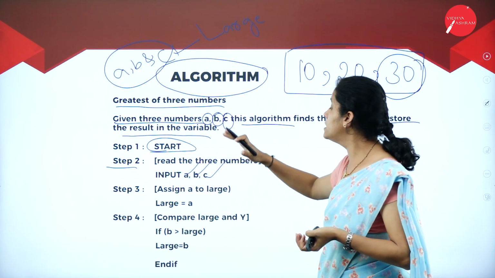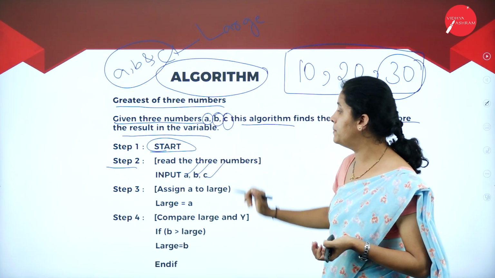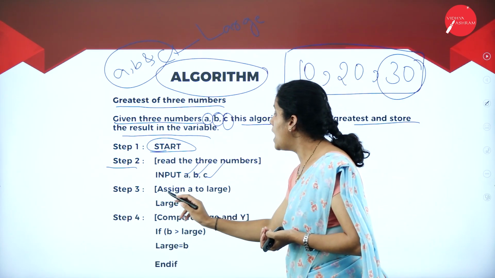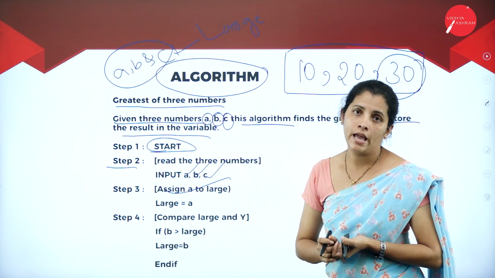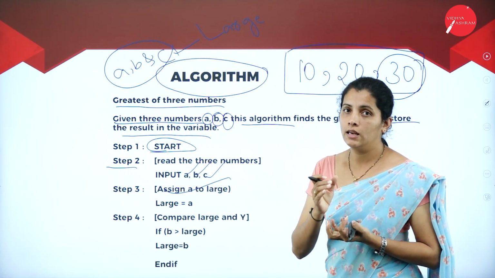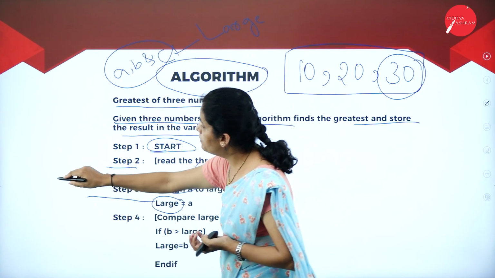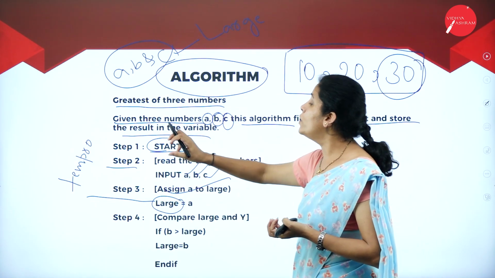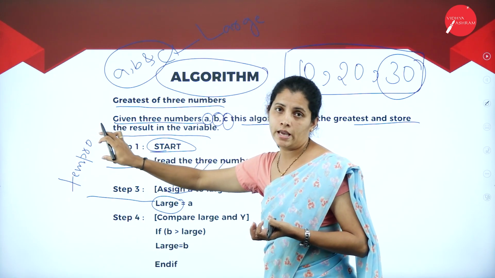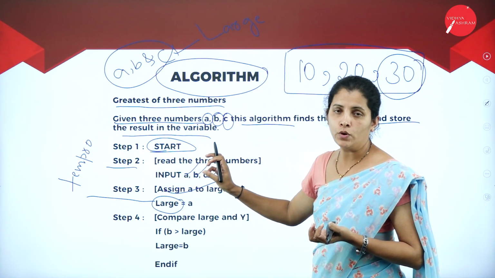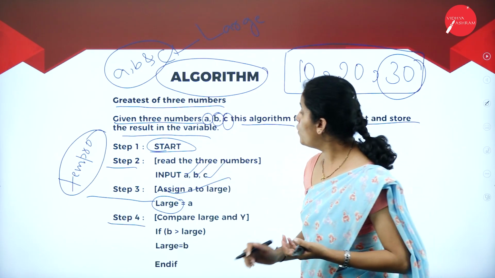So these are my 3 input variables. Then what is my third step? That is I'm going to assign a value to large. Here large is nothing but a temporary variable, and I'm going to use it to store A's value temporarily.